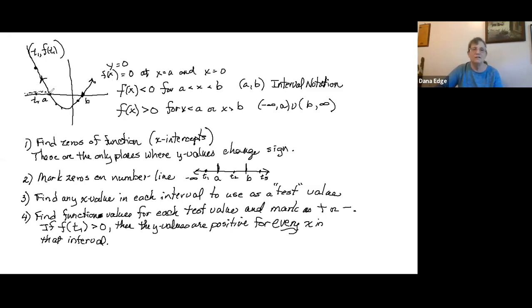These are the only places that as I'm plugging in x values, that the y value could change from being positive to negative at the zeros. And so I'm using this as a test value to determine whether all the y values in this interval are going to be positive or negative. And a value in here is going to give me a negative for this particular graph, which means that every x value between a and b will give me a negative y. And if this value gives me a positive, that means that every x value above b is going to give me a positive y value.